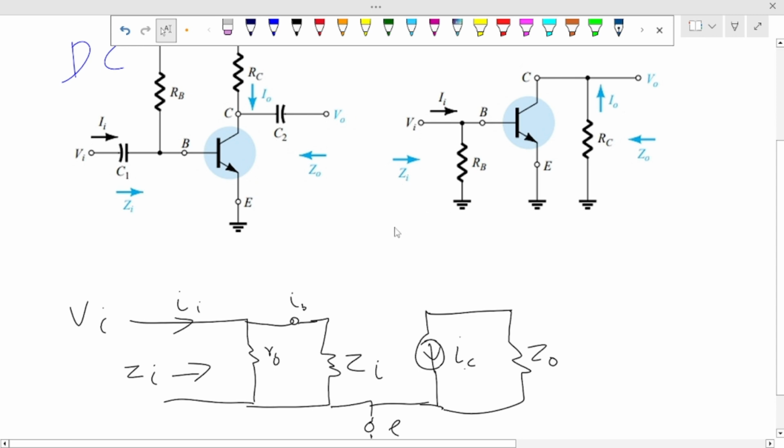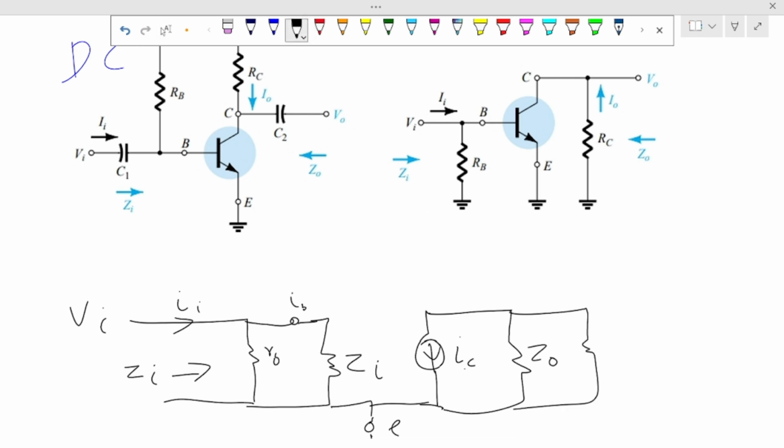We need RC, and then VO, and then we can place our collector current here, like this. And this represents our Zout. Good.